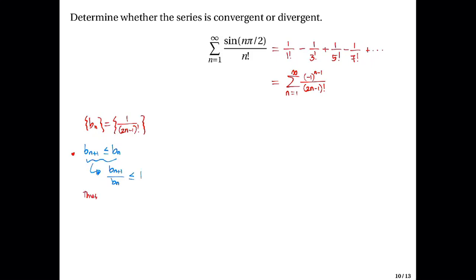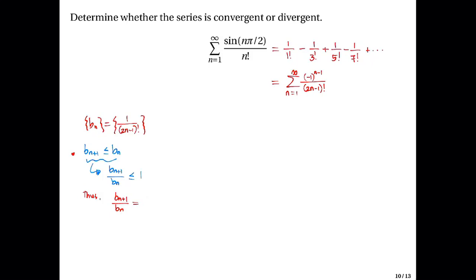Thus, we have Bn plus 1 divided by Bn. This is equal to, yung Bn plus 1, we have 1 over 2 times n plus 1 minus 1 factorial. Kunin ko yung reciprocal ni Bn para hindi masikip dito sa part na to.